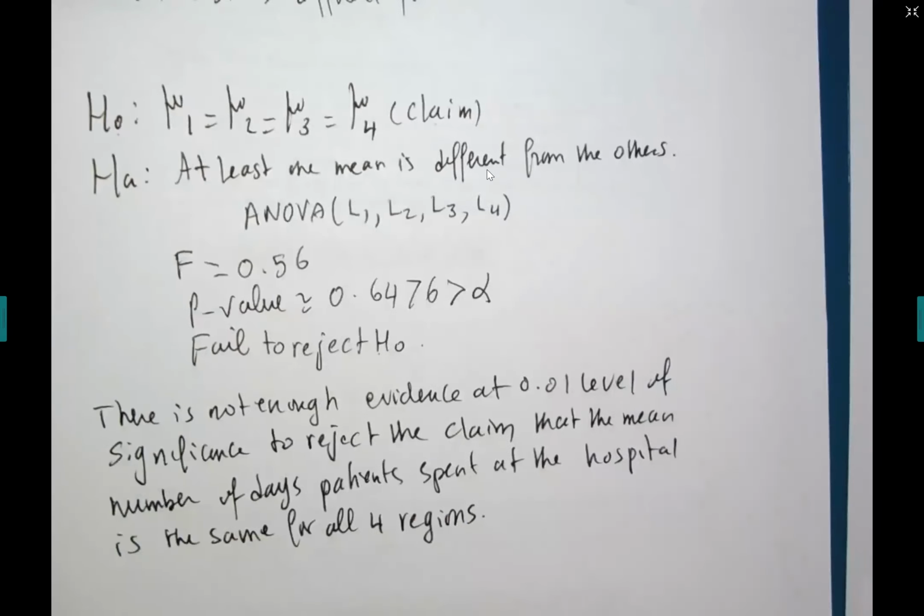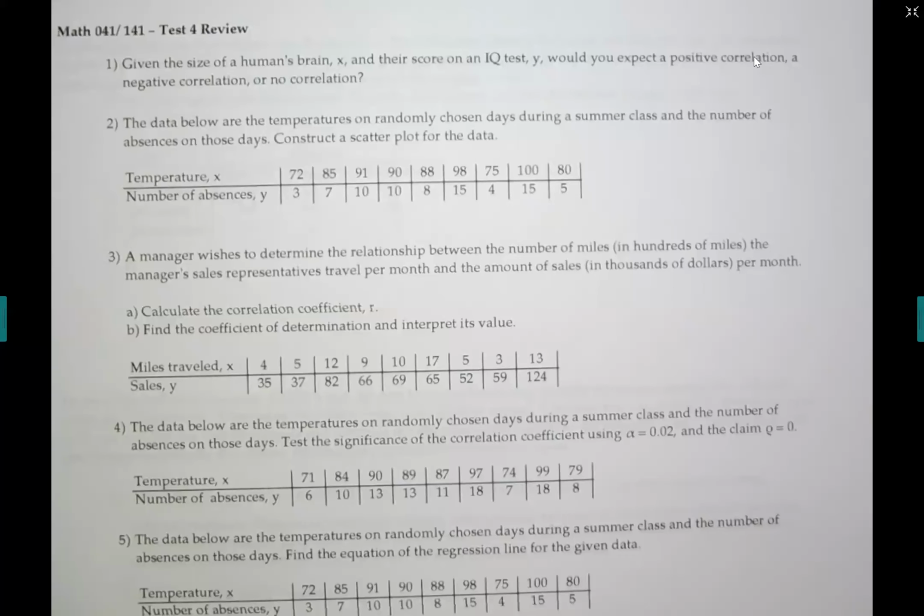That concludes this section, guys. So now the test for review, as I told you, will cover 2 chapters, correlation and regression, and chi-square tests. The first question, given the size of a human brain X and the score on an IQ test Y, would you expect a positive correlation, a negative correlation, or no correlation?